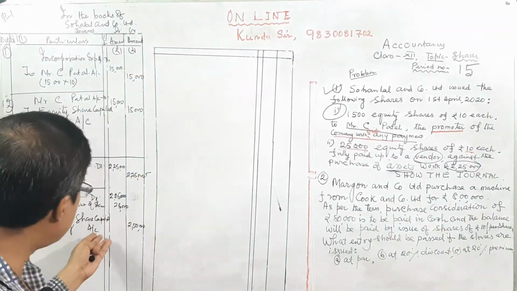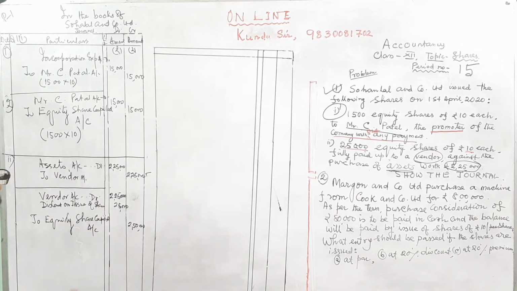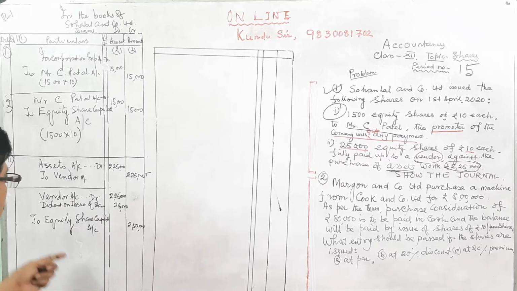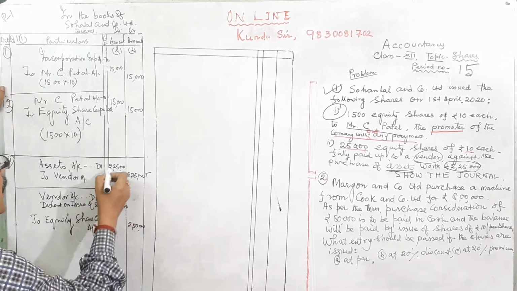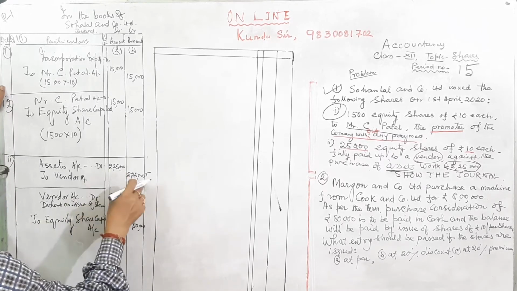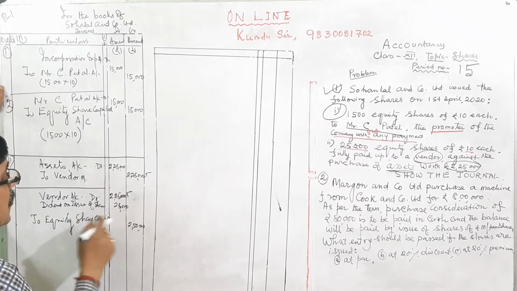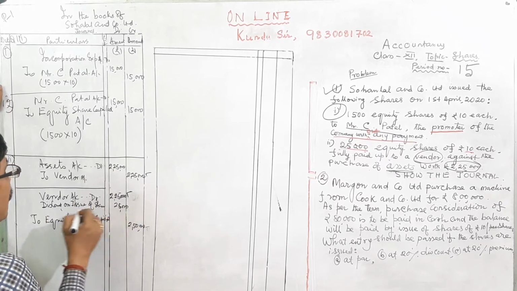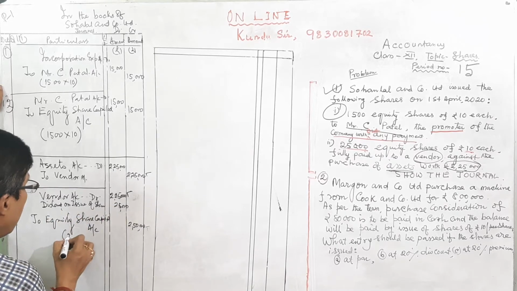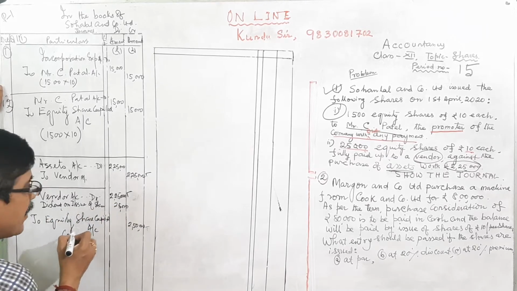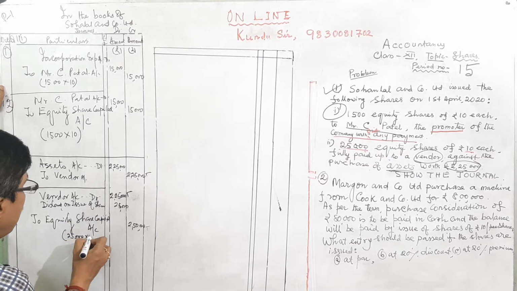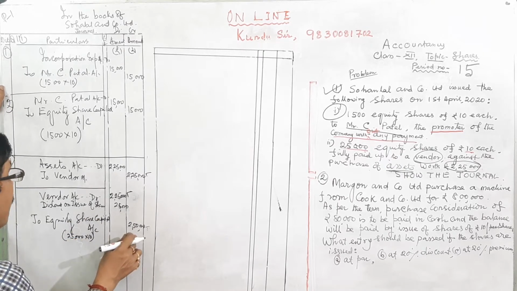But in this case, it is discount, or if we give less, then it will be premium. So we are debiting this amount because it is already credited, but the shares we are giving, this portion is discount. That means we are giving shares of rupees 25 into 10 equal to 2.5 lakhs.